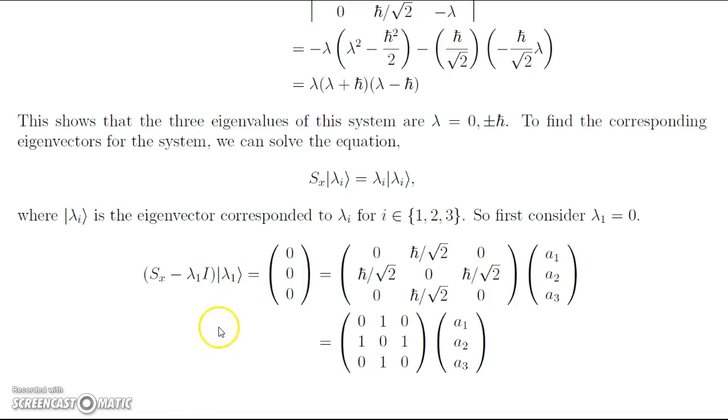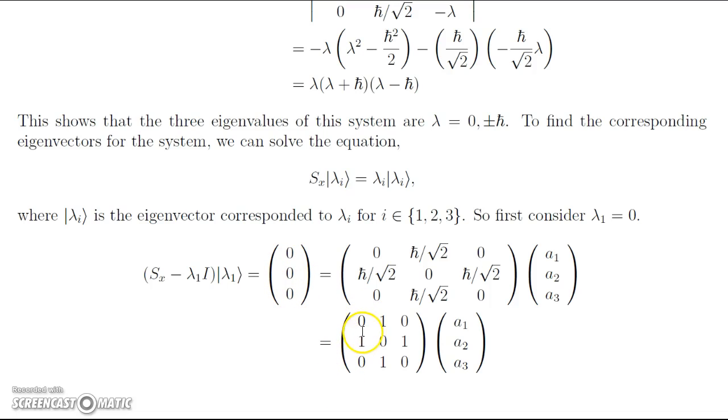So for the first eigenvalue, equal to 0, we have Sx minus lambda 1 times I times the ket lambda 1, that eigenstate, and we set that equal to the 0 vector. When we do this, we have this system. We note here that everything in this matrix has a factor of h bar over root 2, so we can pull that out and divide it across, and since this is a 0 vector, it cancels out.